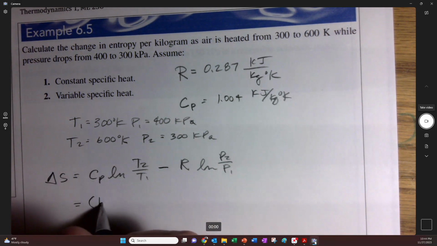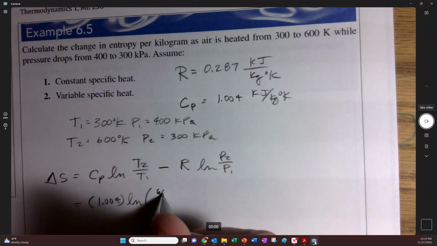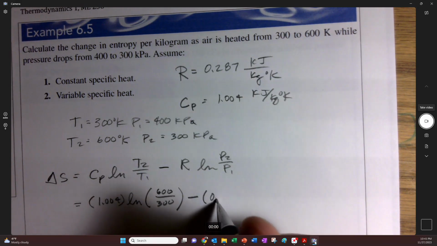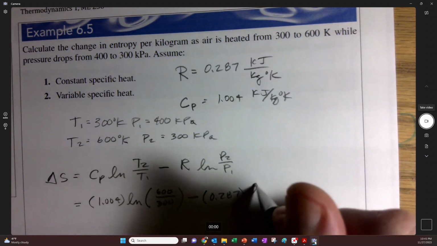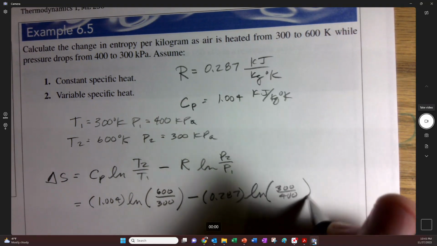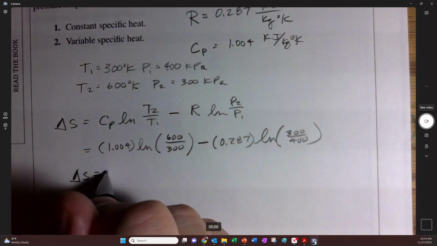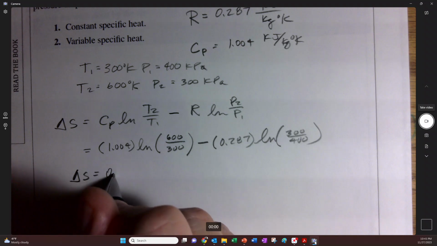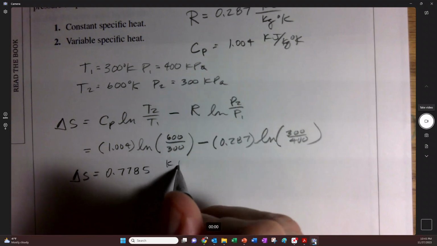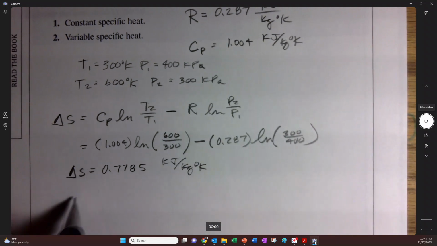So 1.004 natural log of 600 over 300 minus 0.287 natural log of 300 over 400, and we'll get a delta S of 0.7785 kilojoules per kilogram degree Kelvin.